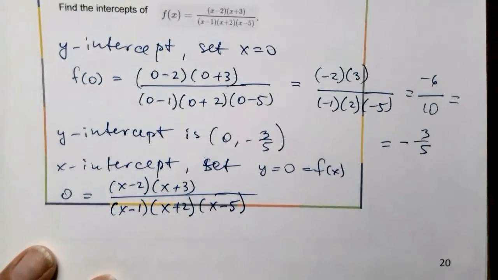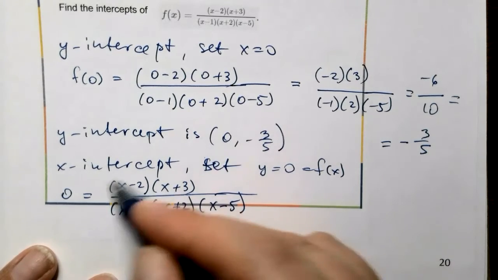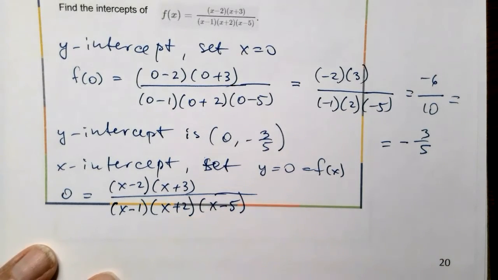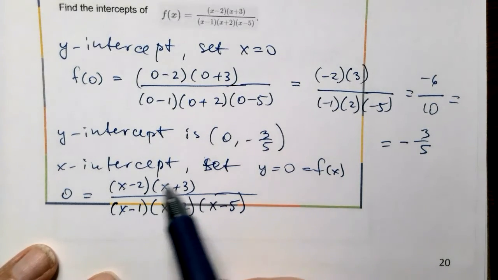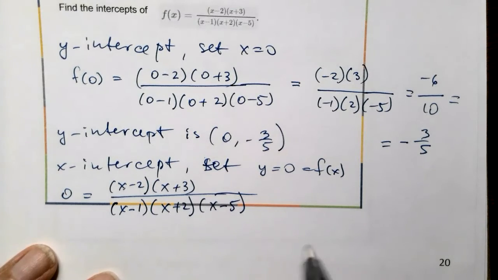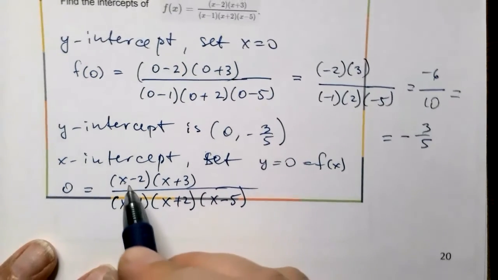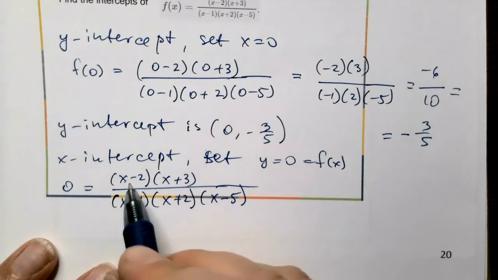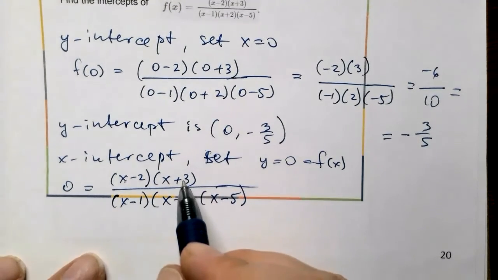Okay, so what you need to remember is that a fraction equals 0 only when its numerator equals 0. That's enough. We don't have to set the factors in the denominator equal to 0, because in fact, if they are equal to 0, the whole thing is undefined, not 0. So we're only interested in the zeros of the numerator.